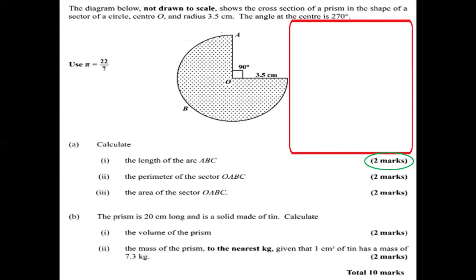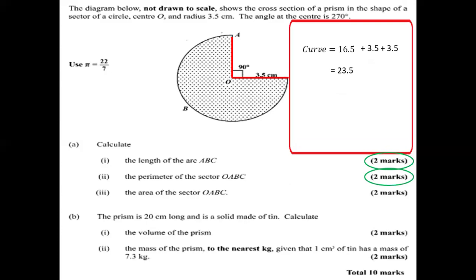The only additional lengths that we need are these two parts here, which are 3.5 each. So it's 16.5 plus 3.5 plus another 3.5. And our perimeter for the whole shape there would be 23.5 centimeters.